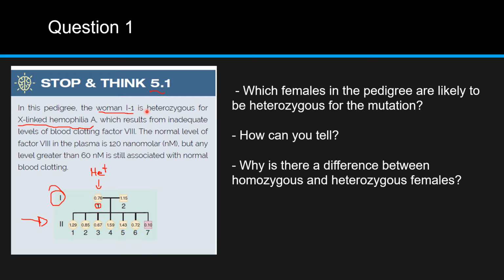The next part says the normal level of factor 8 plasma, and this is another important part. The normal is 120 nanomolar, but there could be other levels, it could be 60 nanomolar, sorry, and it will also be considered normal.